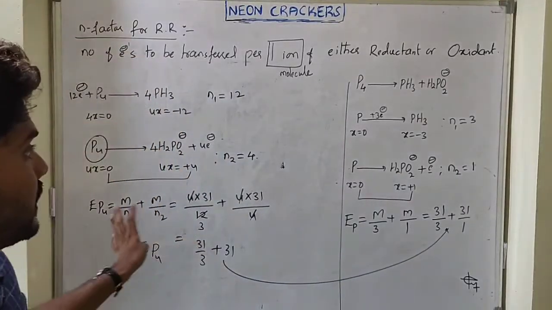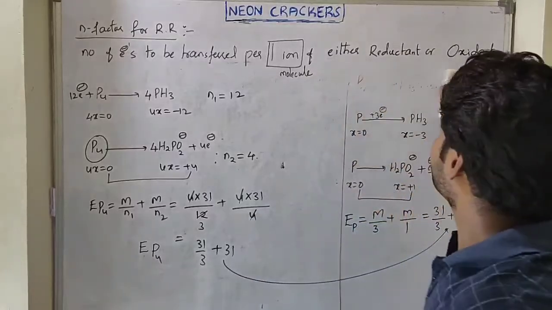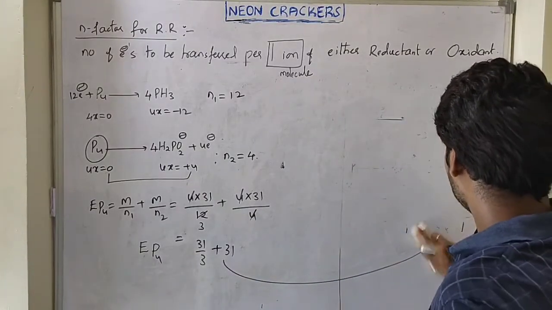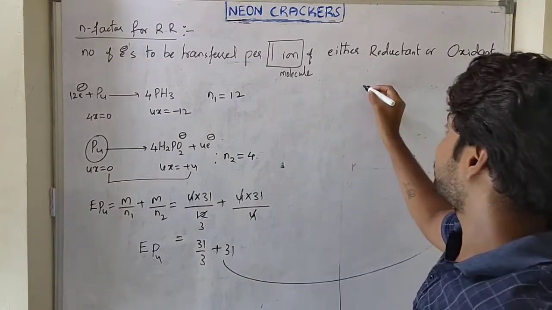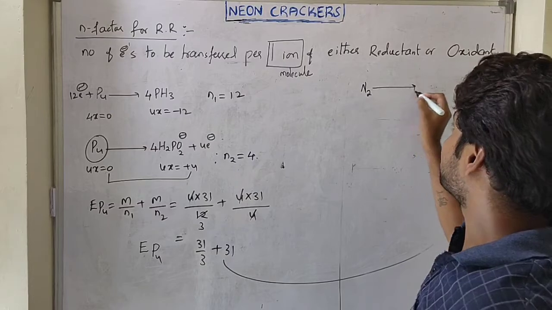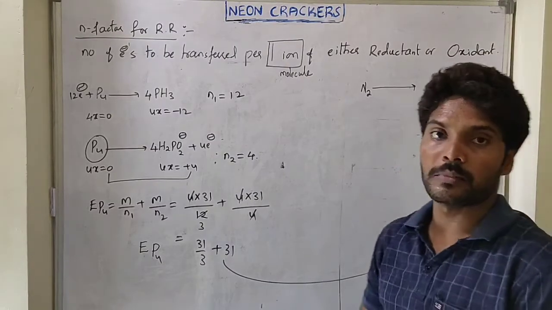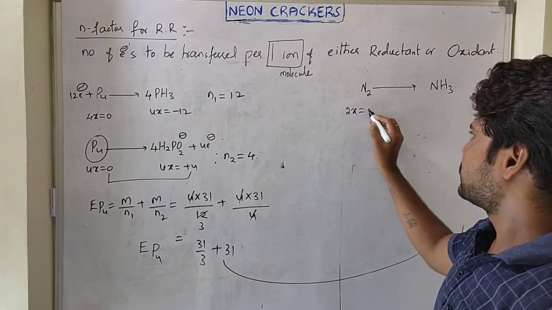So this is about equivalent weight. And another equation, a simple equation, the reaction between nitrogen and ammonia. How to find the equivalent weight? Suppose N2 converts to ammonia in Haber's process, preparation of ammonia from nitrogen and hydrogen gas. So whatever we have, 2x equals 0.